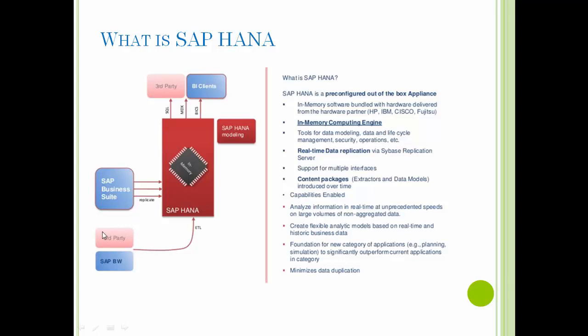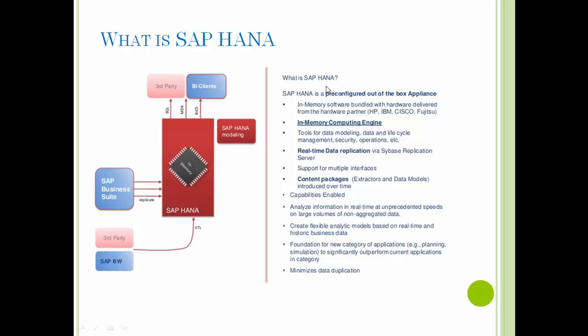And here, as I said, BW again uses the ETL method of replication, and any third-party sources, any non-SAP sources also can be clubbed to SAP HANA. That is, they also can replicate the business data to SAP HANA to leverage its performance.